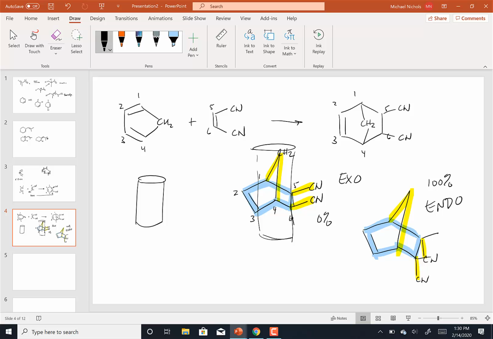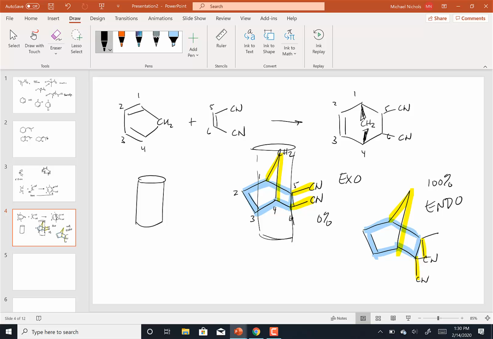Now, what if you're having trouble drawing the structures like I've drawn them in blue and yellow here? It's okay, because what we can do is take our molecule that I've drawn up here, and I usually say, let's put in a bold wedge to the bridge. If you want to be opposite, you can put in a dashed wedge to the bridge.